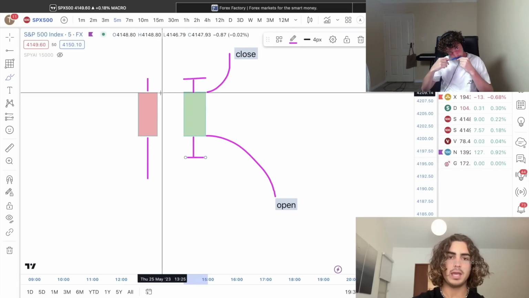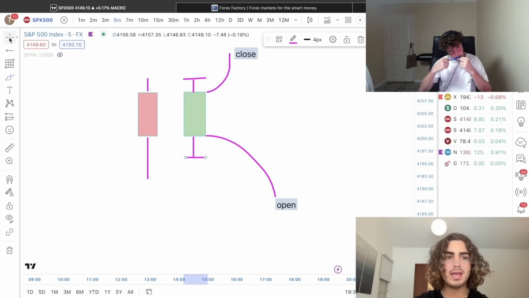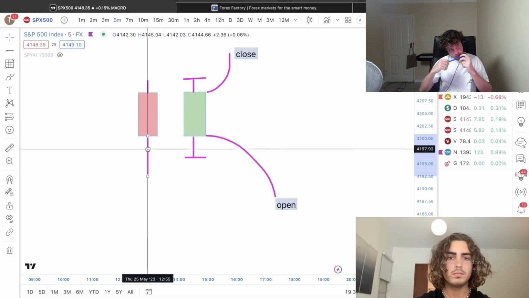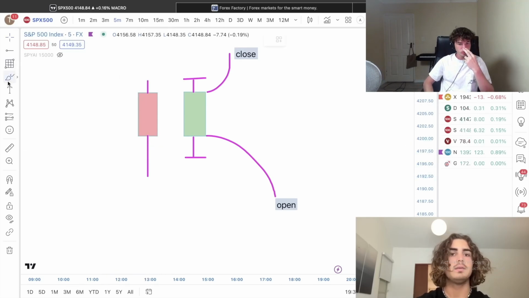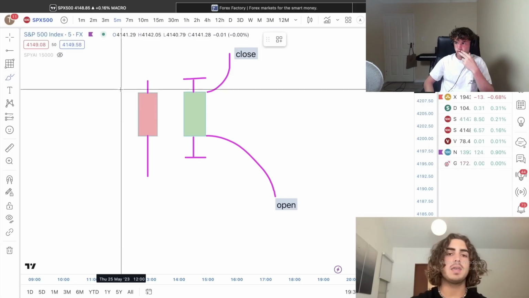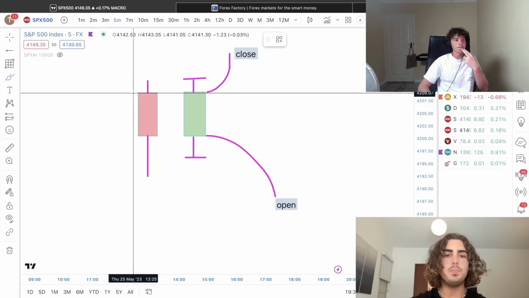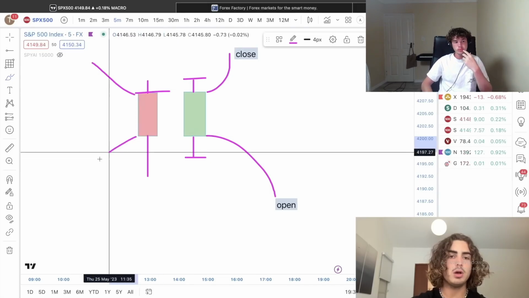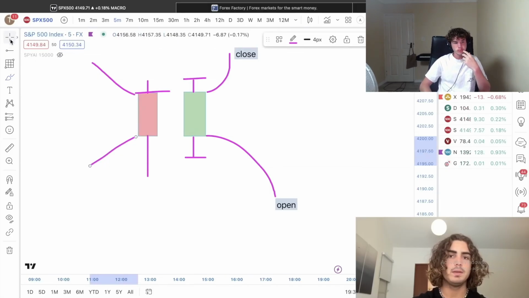So now we know this is the highest point it went to, and this is the lowest point it went to. Same exact thing on a bearish candle, just slightly different. Instead, the open is up here, and the close is down here. So it's reversed.